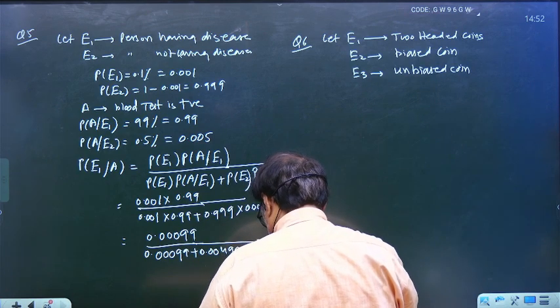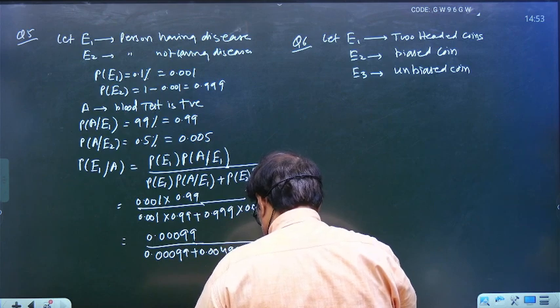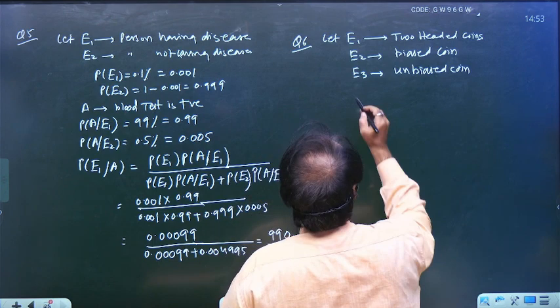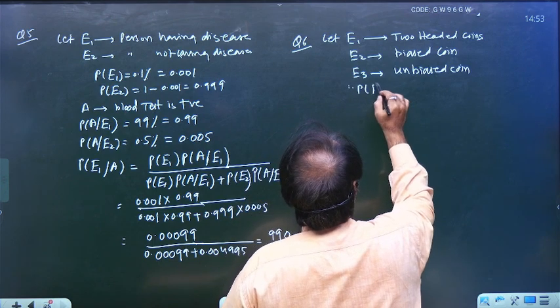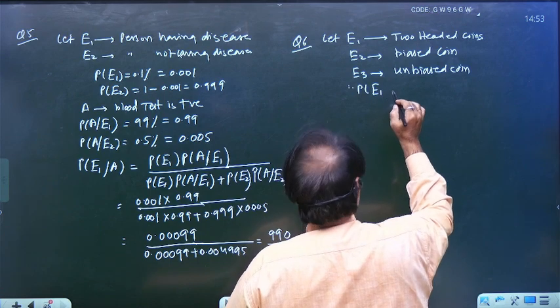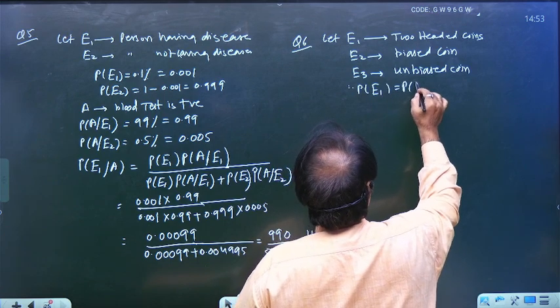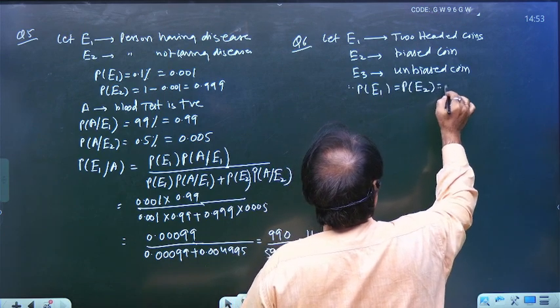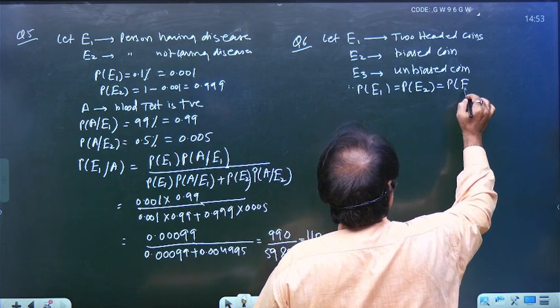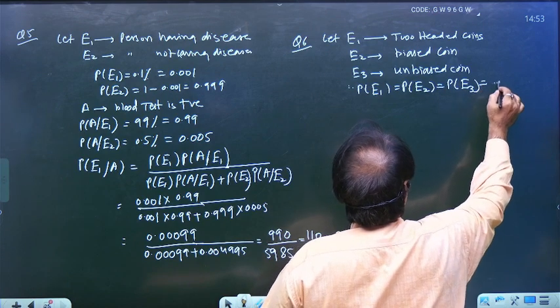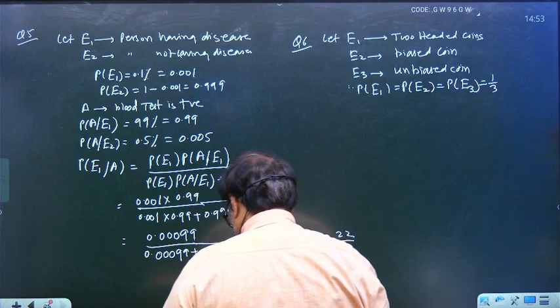Okay. So the probability of E1 equals probability of E2 equals probability of E3, that will be 1 by 3.